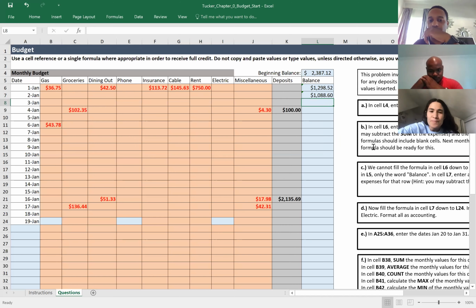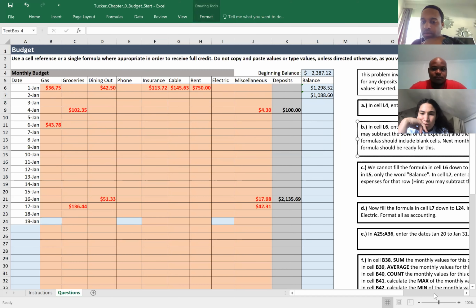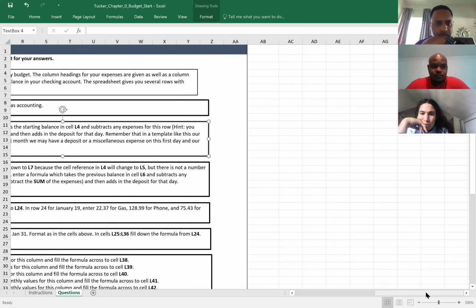All right. So what this wanted was for us to take the sum of values from B6 to J6. Let me see. Scroll back over. Oh, just in the first row. So yeah, B6 to J6 is the first row, and then subtract them from this beginning balance. So let me go ahead and delete this.